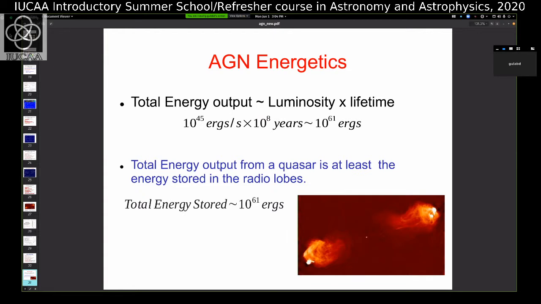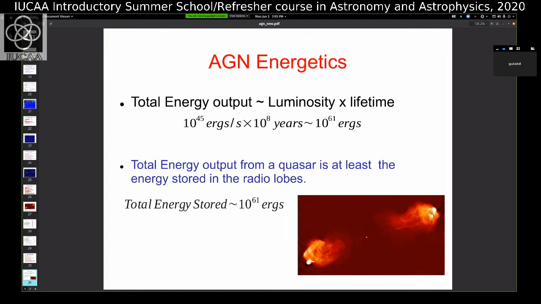The same calculation can be done in a much more realistic manner by looking at the radio emission, which arises essentially due to synchrotron emission from the electrons in the lobes, and these electrons have large energy.